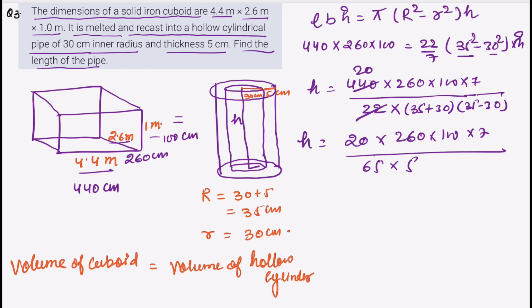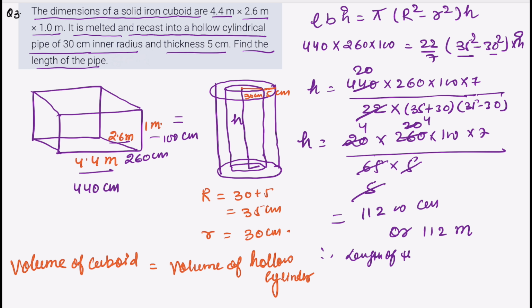So from here, we will cut this. 13 fives are 65. 13 twos are 26. 5 fours are 20. 5 fours are 20. 4 fours are 16 into 7, 112 centimeter, or 112 meter. So therefore the length of the pipe is equal to 112 meter. This is the answer. Clear?